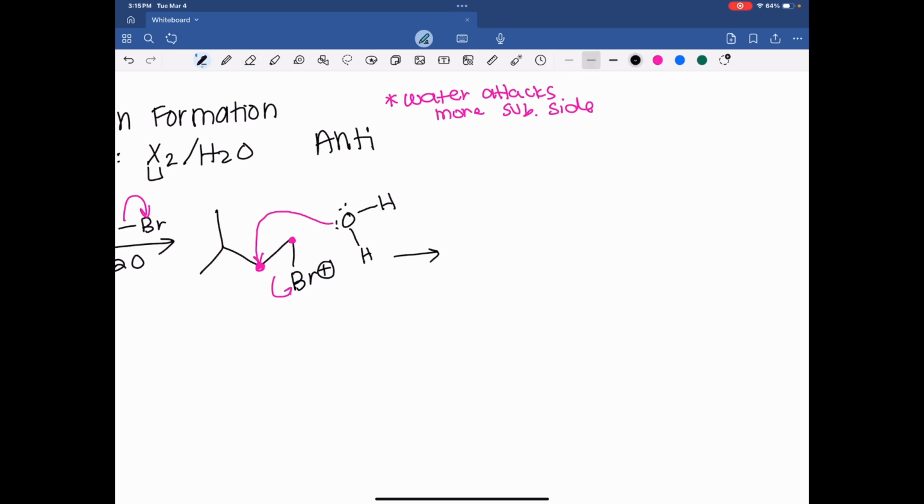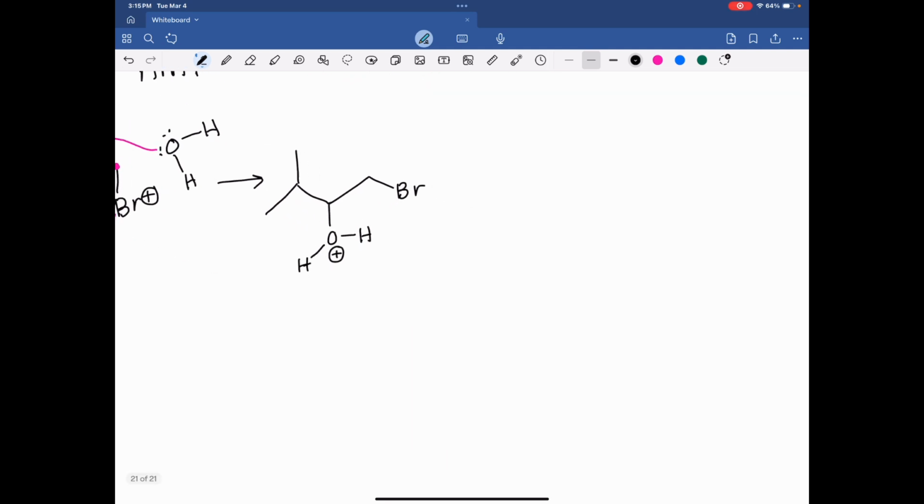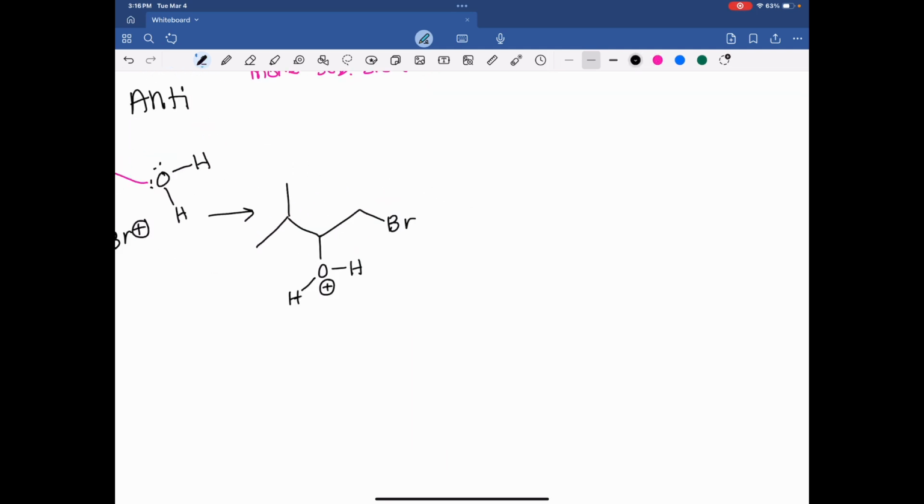And then I get that. So then I'm going to take a water molecule and just grab a proton so that I get my BrOH.